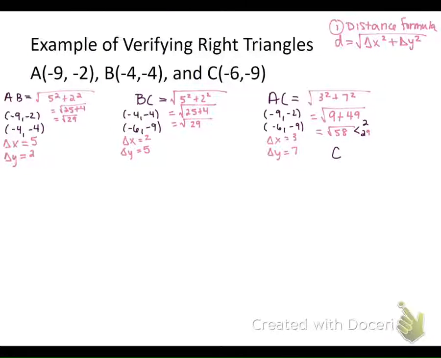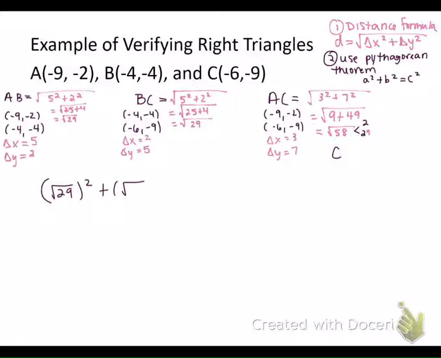So the next thing we do is use the Pythagorean theorem. But you do need to make sure you know which one is your biggest side.